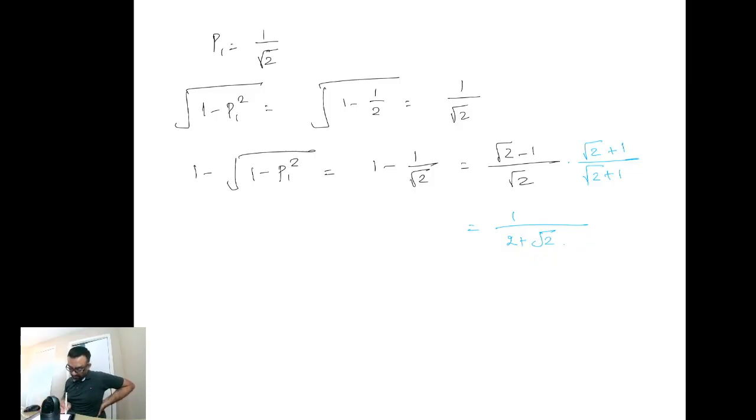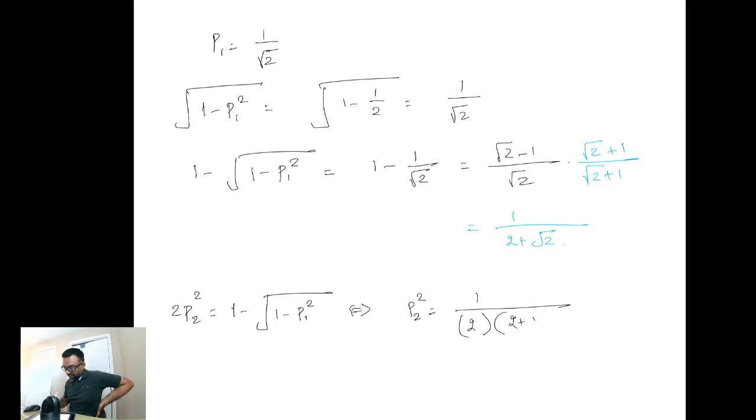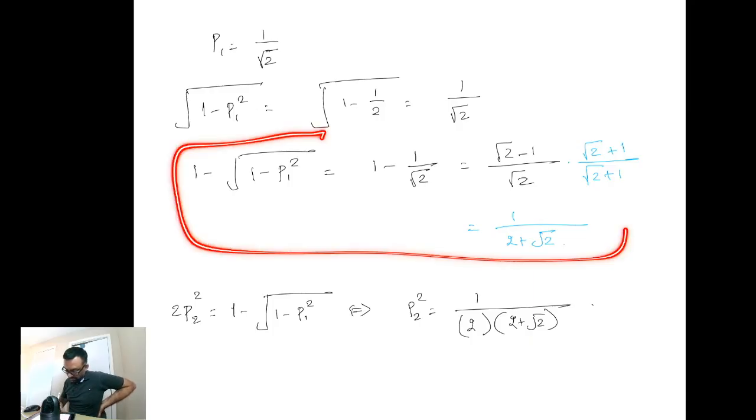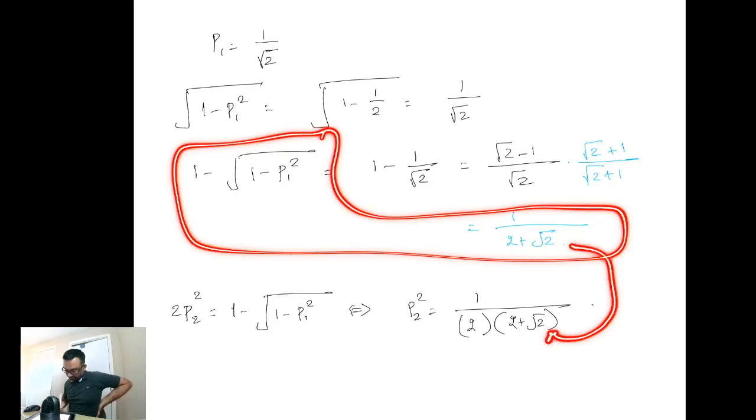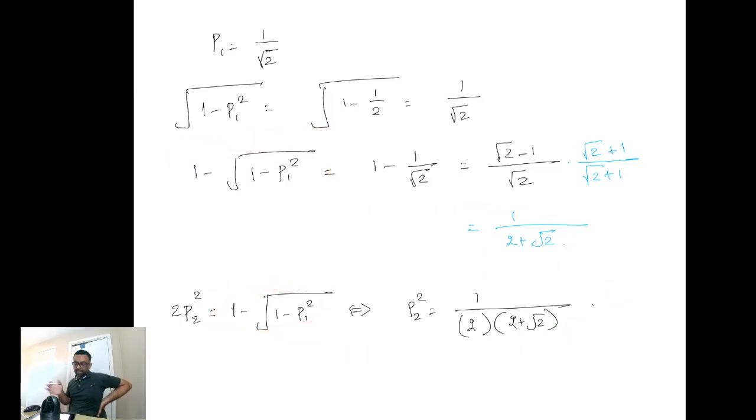I have 2 times P2 square is equal to 1 minus the root of 1 minus P1 square, which equals P2 square should be equal to 1 by 2 times 2 plus root 2. Yeah, so that's because of the fact that I have used this term here, and P2 square remains the same.